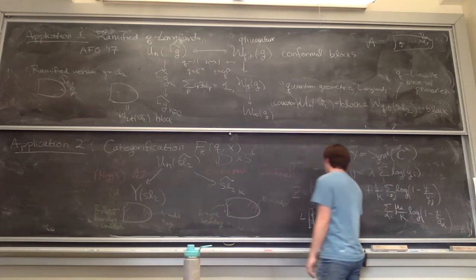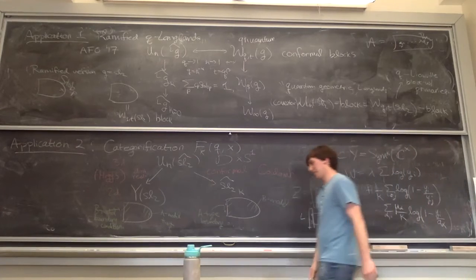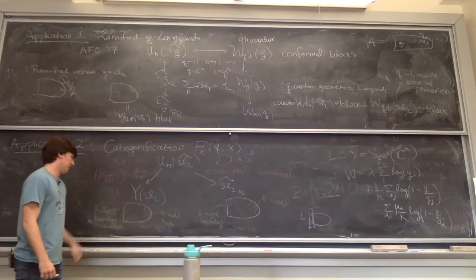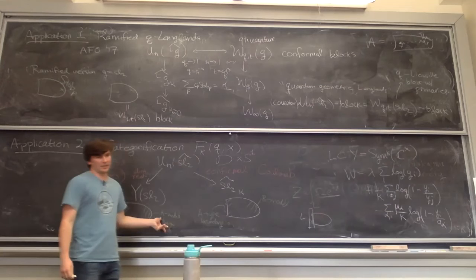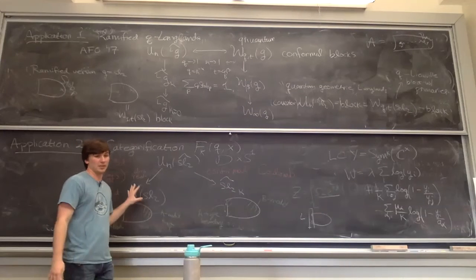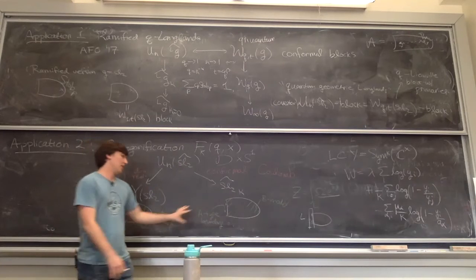That has to do with the actual form this takes, because the A model will localize onto the holomorphic maps. I didn't really explain anything about that over here, but a way to see that this has the A model twist is that the A model localizes onto the holomorphic maps, and you can interpret the result as integrals over moduli of holomorphic maps.